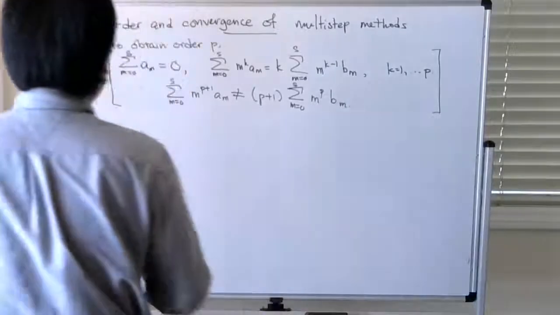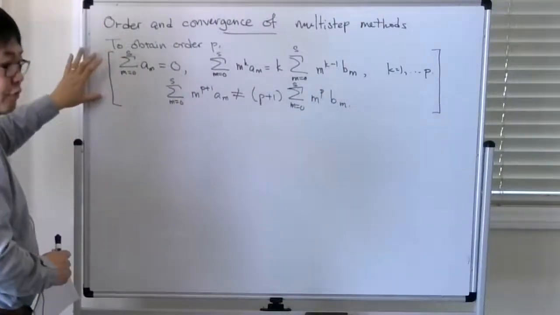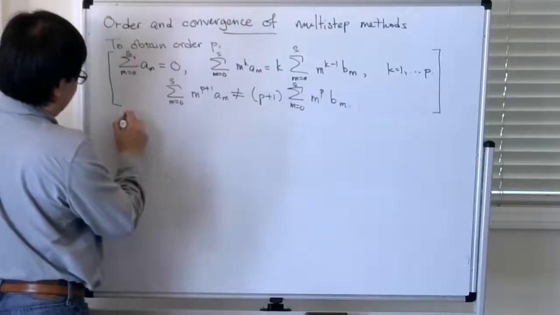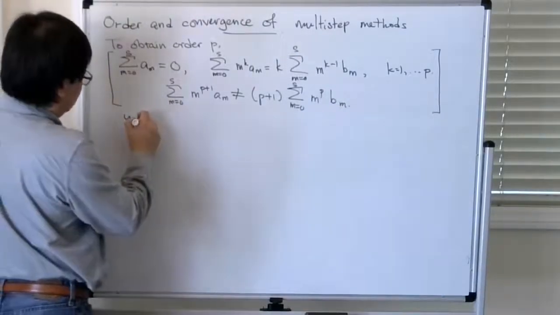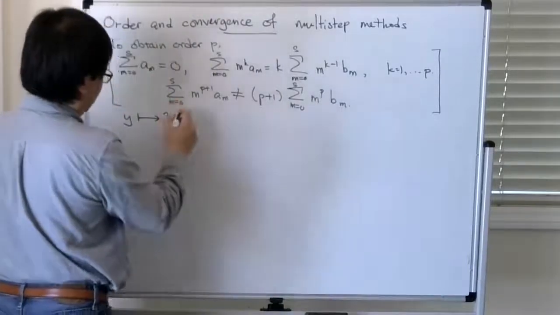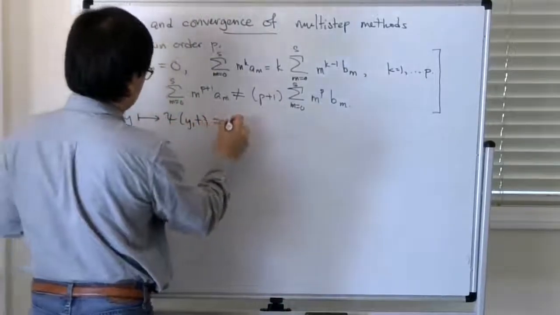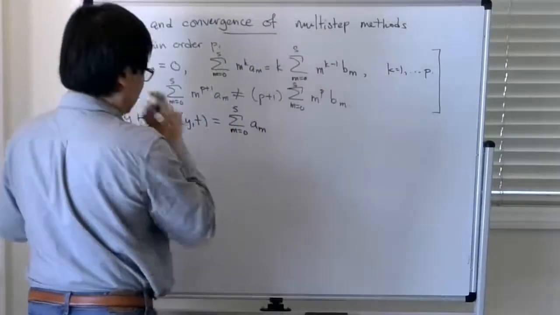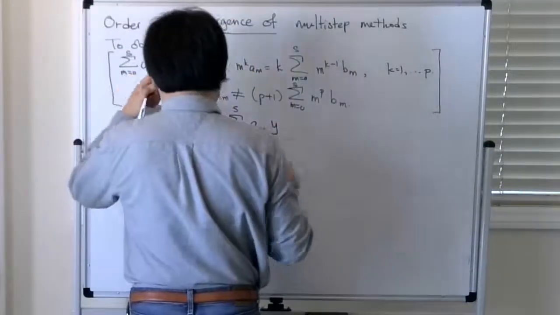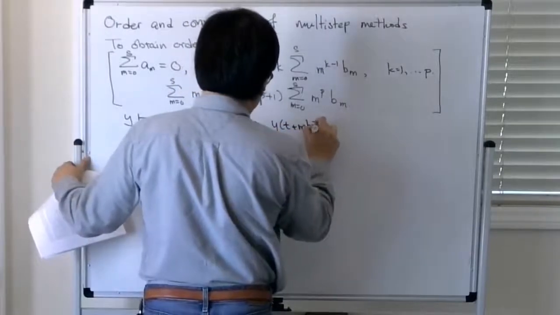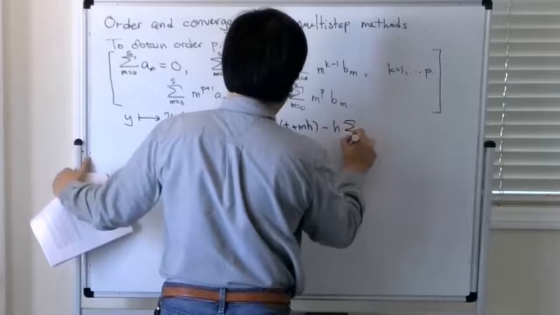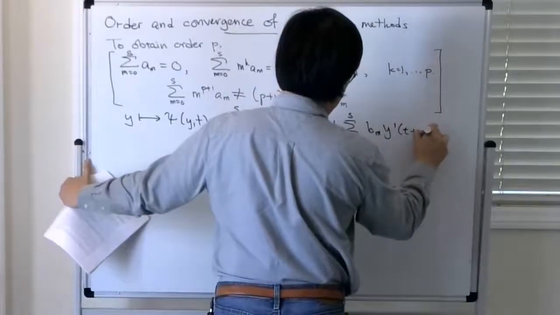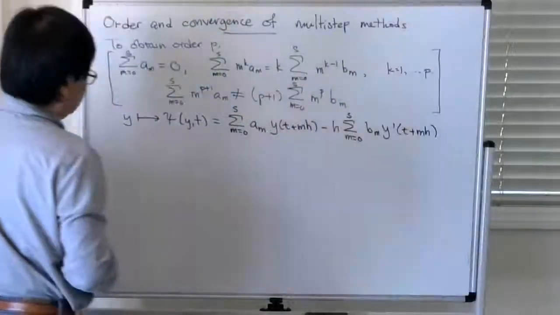All right. So I'm going to say a little bit about an alternative way of deriving these order conditions, and it comes from the observation that if you take this map from a function y to psi of t and y, which, if you recall, is the sum over m equals 0 to s of a_m y of t plus mh, minus h times the sum over m equals 0 to s of b_m y prime of t plus mh, then this is a linear map.